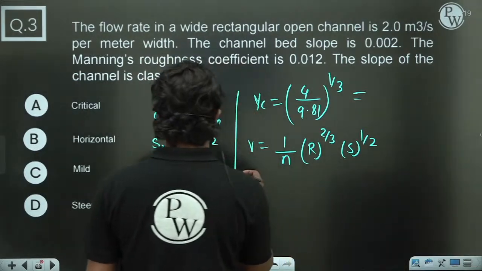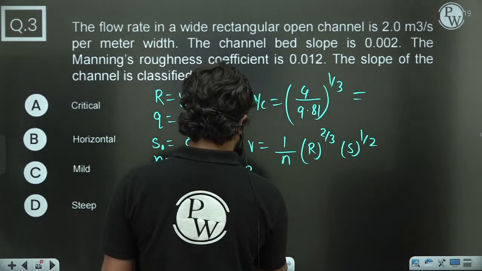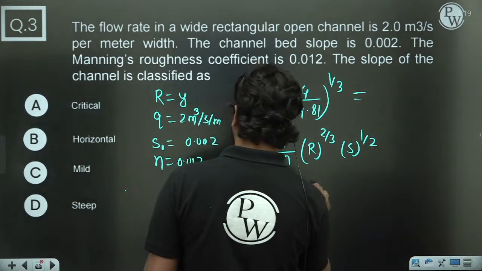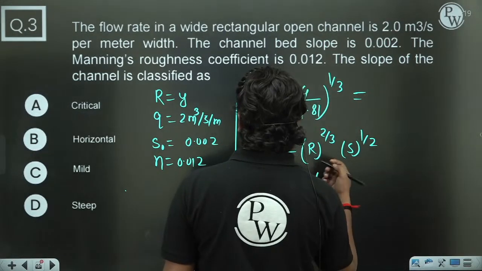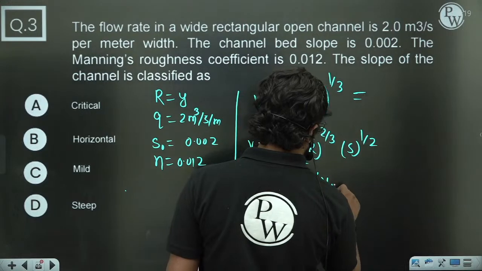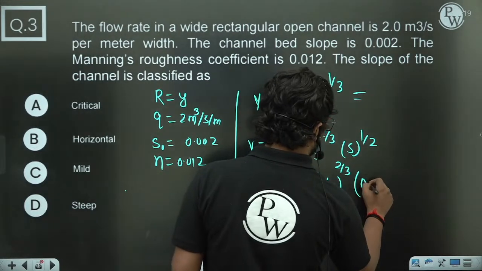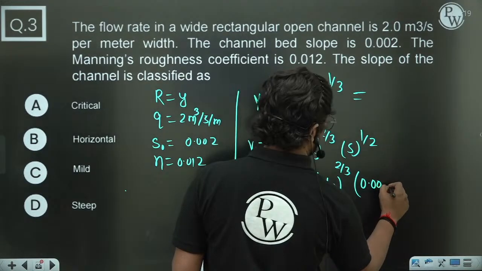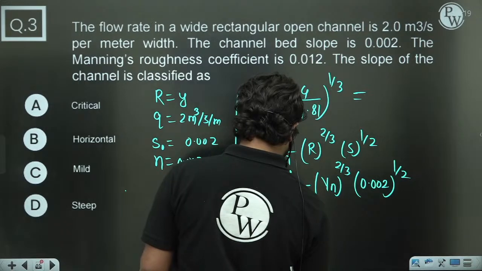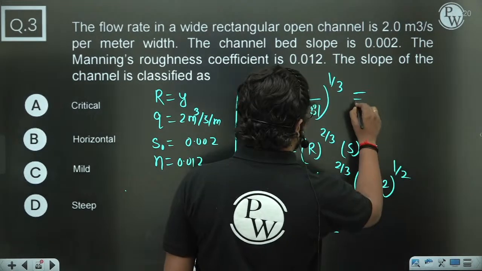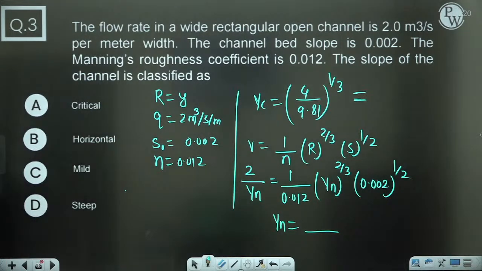So for V we can write 2 divided by yn, equal to 1 by n, we can write 0.012 R. It's a wide rectangular channel, so R will be equal to yn to the power 2 by 3. Slope we have 0.002 to the power 1 by 2. So with this, calculate yn value as well as yc value. Both values I want from you guys.